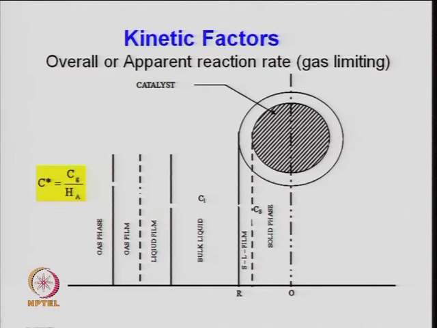So, the same discussion I made has been pictured here. You have a system something like this: there is a gas phase, that is a bubble, and there is a film of the gas, the gas film.